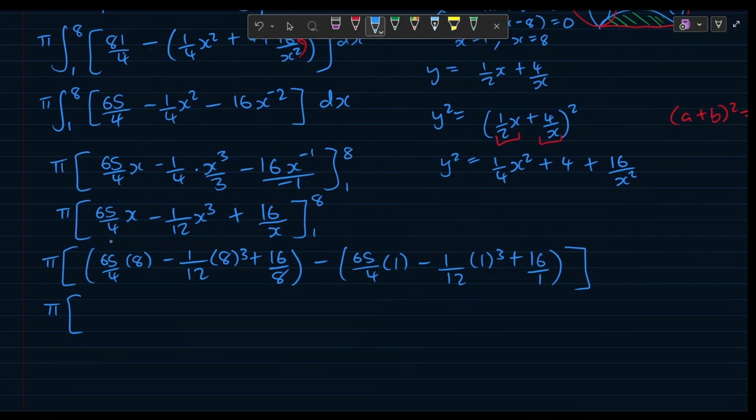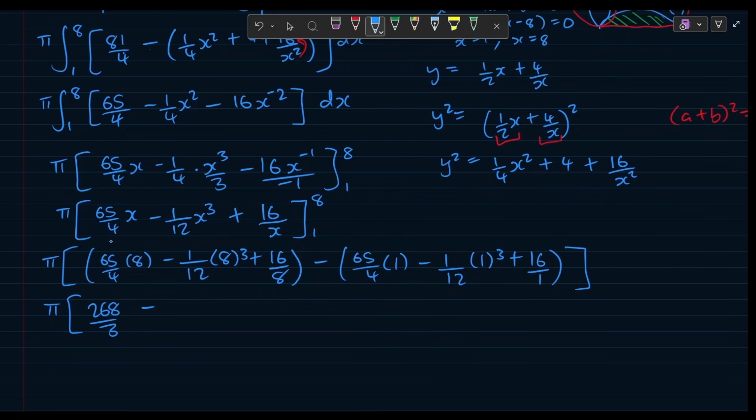So 65 over 4 times 8 minus 1 over 12 times 8 cubed plus 16 over 8. That gives us 268 over 3 minus, now the substitution for the lower limit.